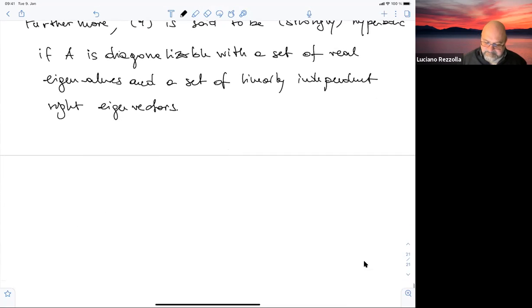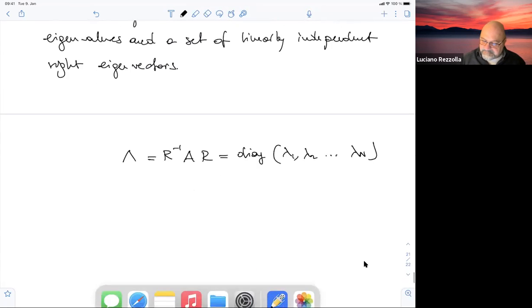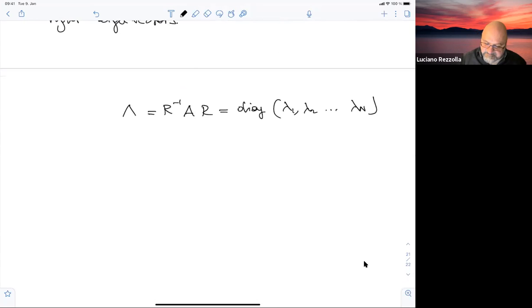So in other words, given A, I can always write R^-1 A R, and this would be a diagonal matrix with components lambda 1, lambda 2, lambda n, where n is the dimension of our matrix, and this is what we call lambda. And R will be the matrix of right eigenvectors.